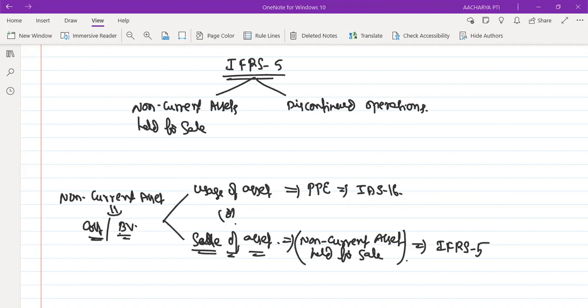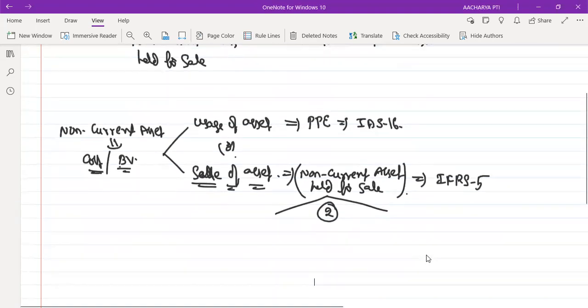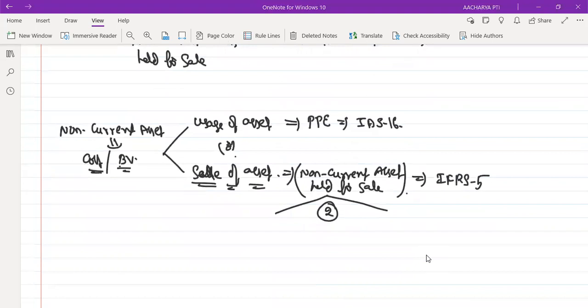We consider the non-current asset as held for sale if it satisfies two conditions. The first one is that the asset must be available for immediate sale.